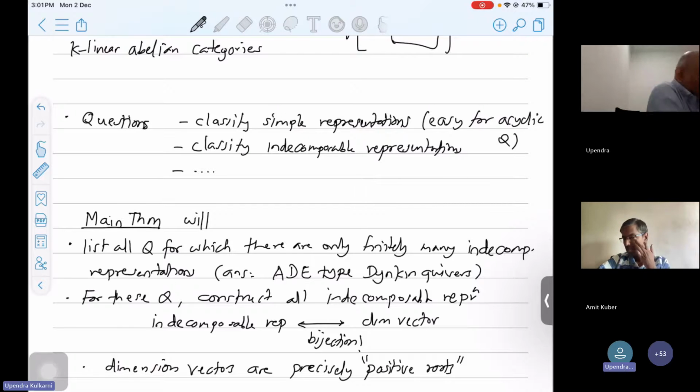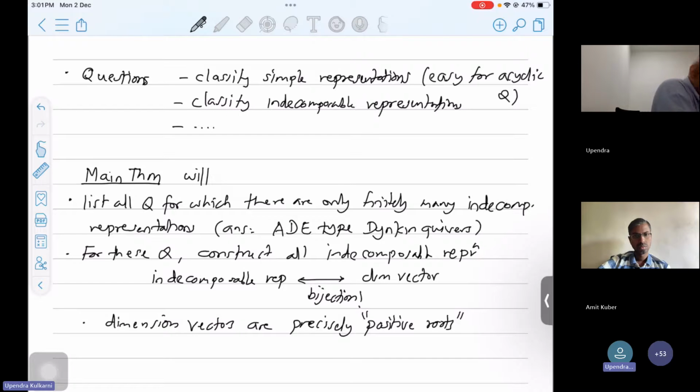So for these quivers we'll be able to solve this question with great success after Gabriel. That is, construct all indecomposable representations explicitly using reflection functors and the Weyl group. So this is going to be a highlight.